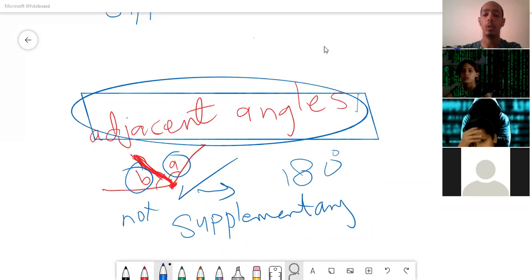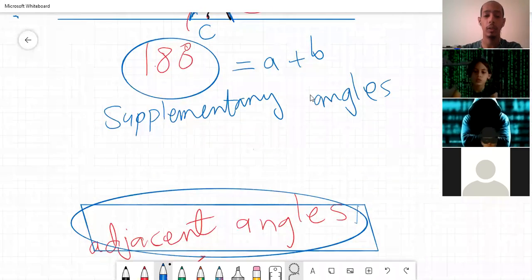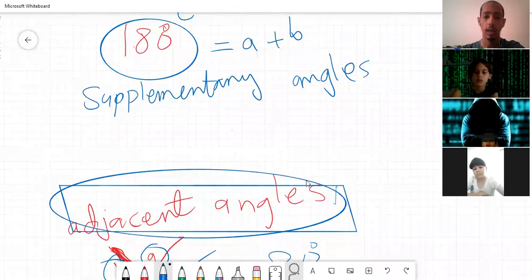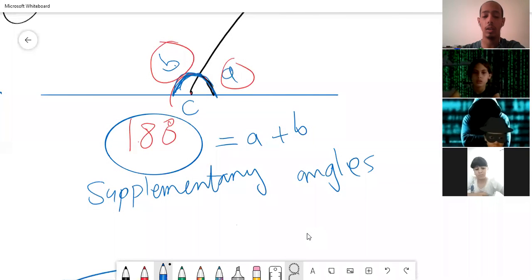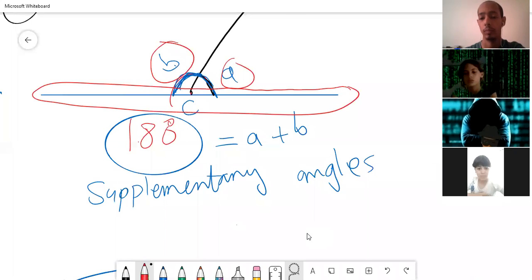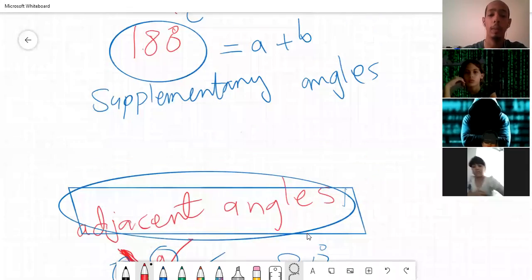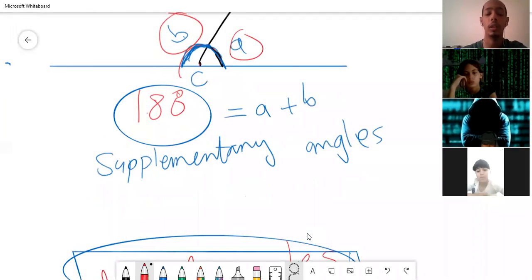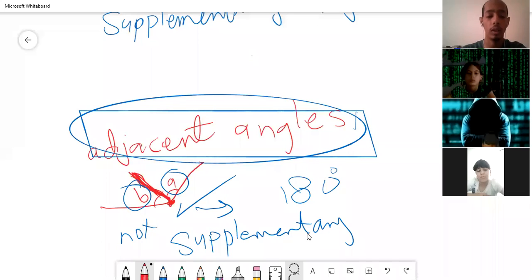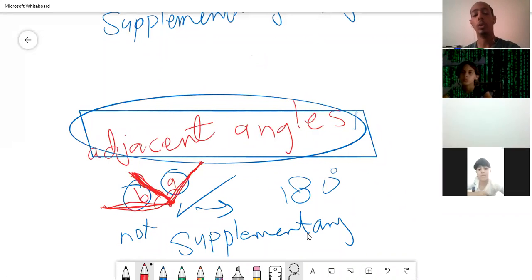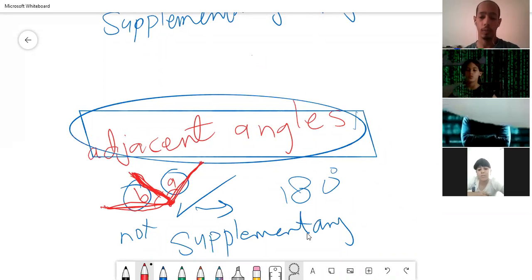We have something called supplementary angles. We have something called adjacent angles. Supplementary angles are the angles on a straight line. You can see this straight line. But if the angles are not on the straight line, like these two angles, then we don't call them supplementary, but we call them adjacent.